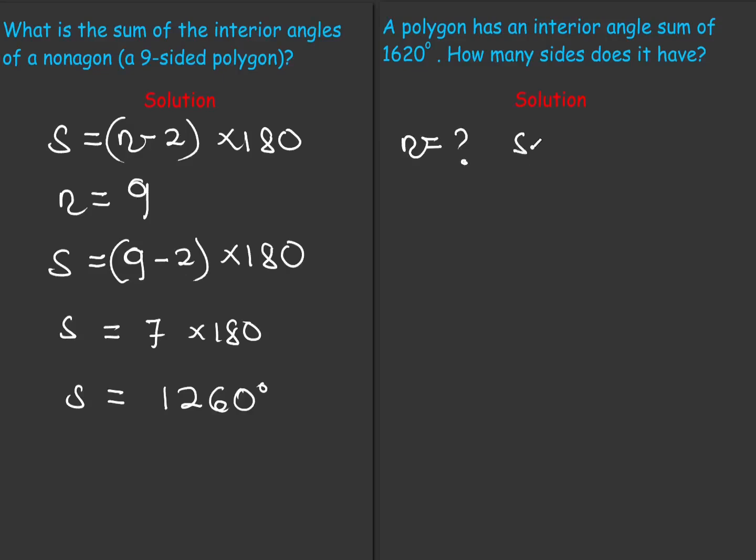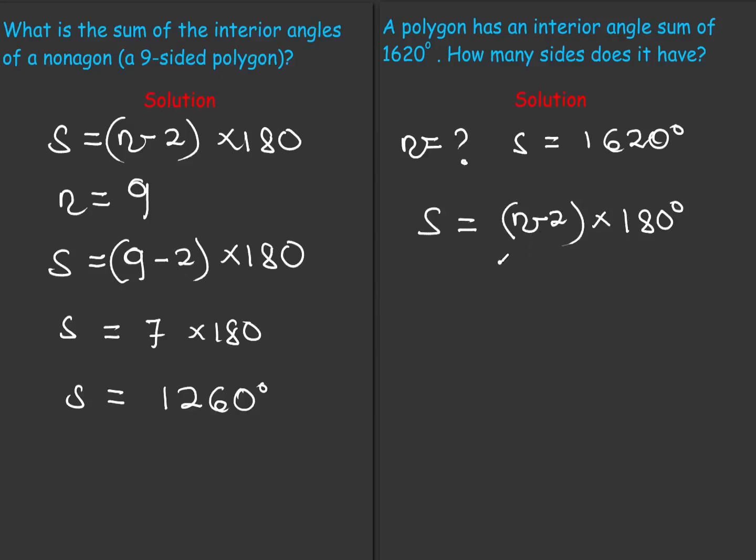Meanwhile, we have been given the sum of interior angles to be 1620. Now, what equation relates the sum to the number? We know the sum of interior angles relates to n minus 2, then times 180. So it's all about making n the subject.